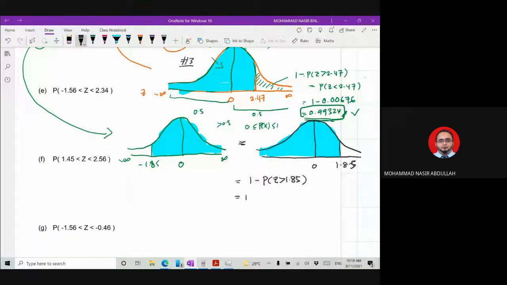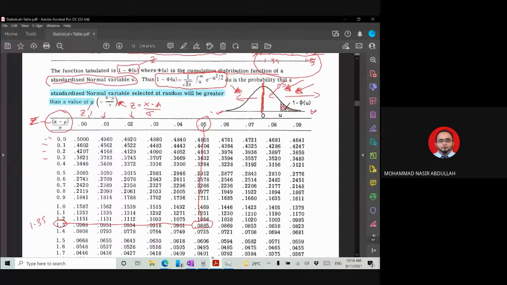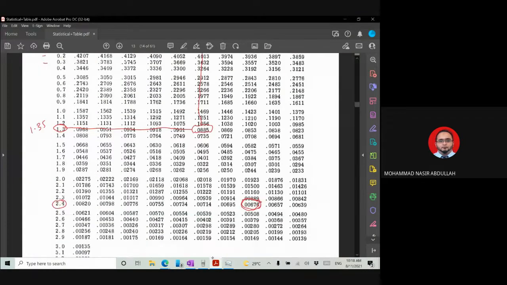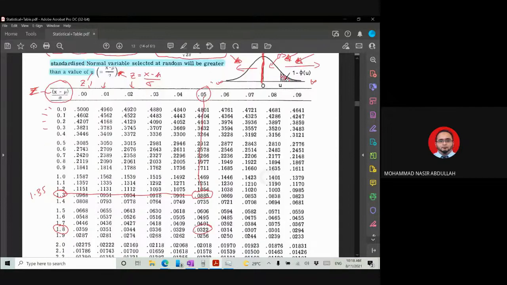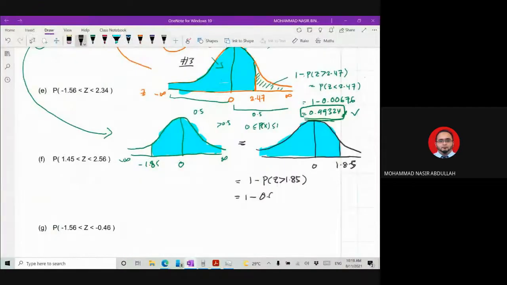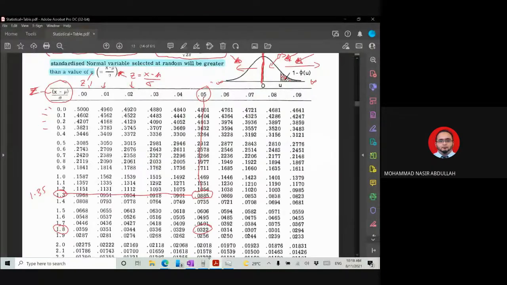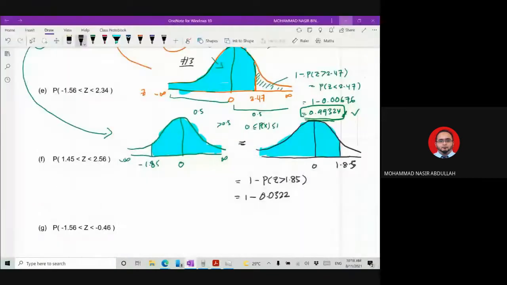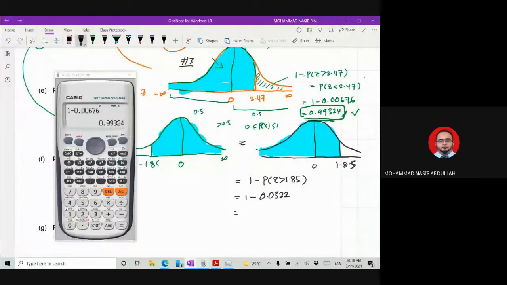So we look into the statistical table. 1.85 is somewhere here. This is 0, 1, 2, 3, 4, 5. 0.0322. Is it correct? Yes. So this one should be 1 minus 0.0322.